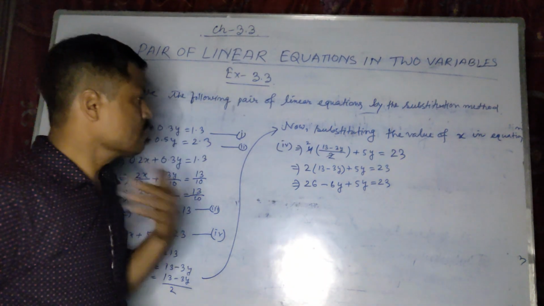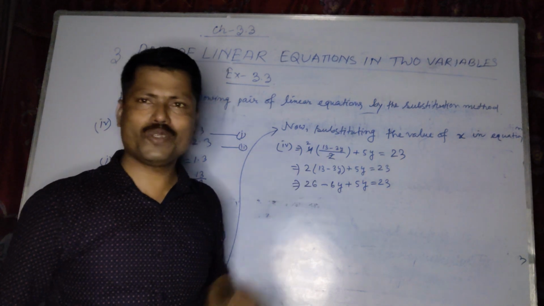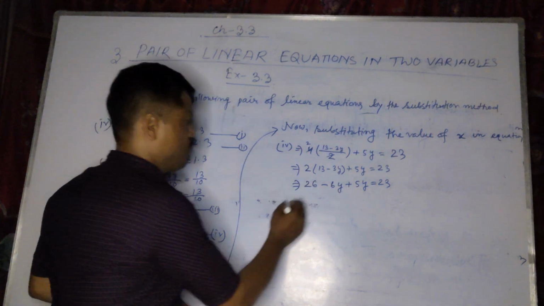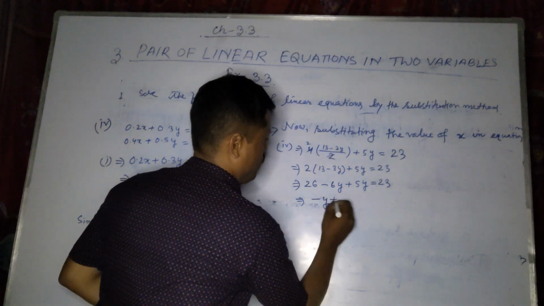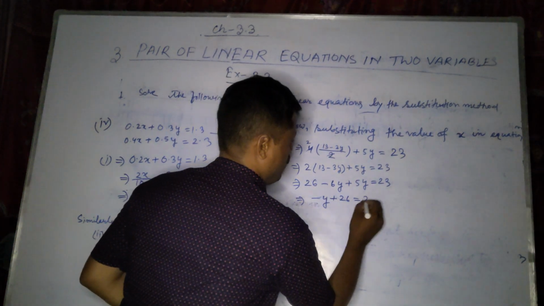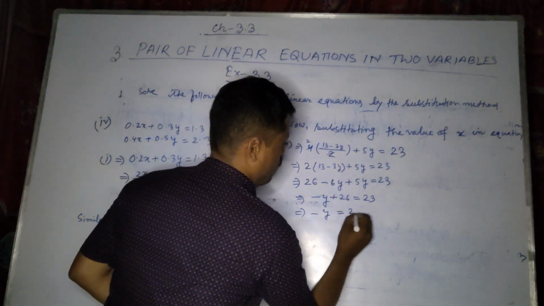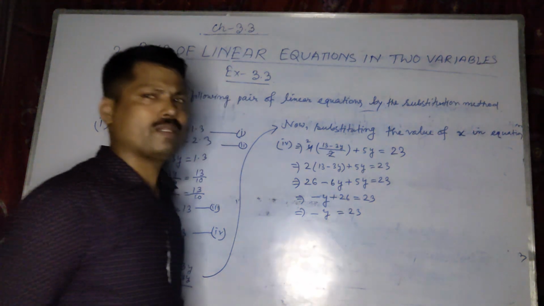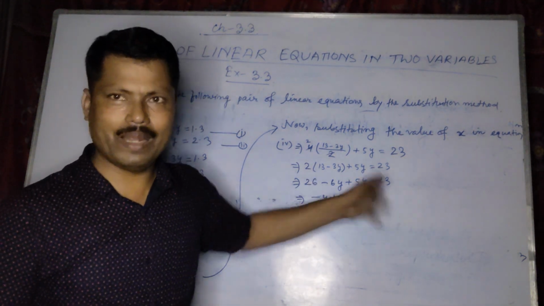Now we have minus 6y and plus 5y, so minus y will be there. So minus y plus 26 is equal to 23. Now minus y is equal to 23 minus 26, since 26 is positive on the left hand side and becomes negative after transfer to the right hand side.